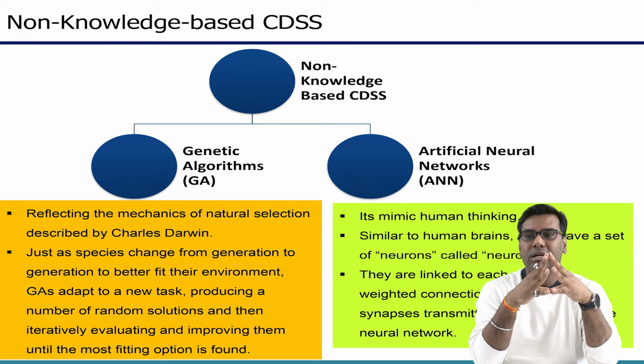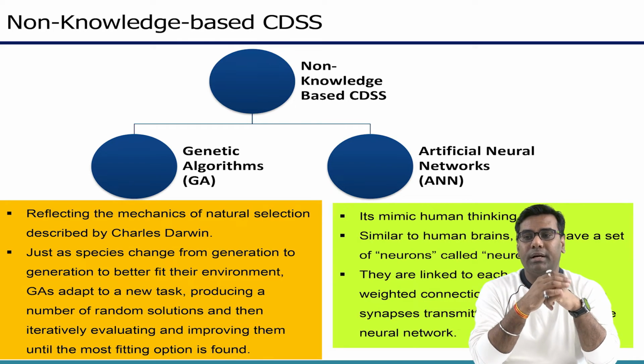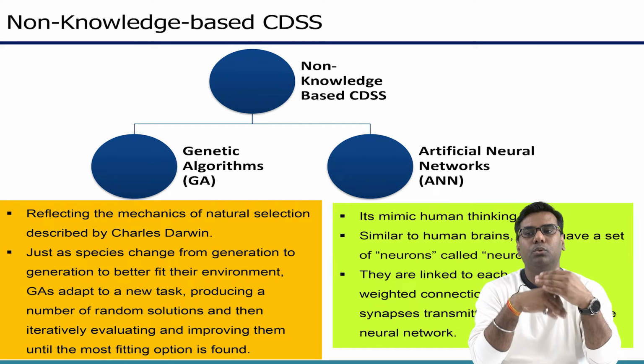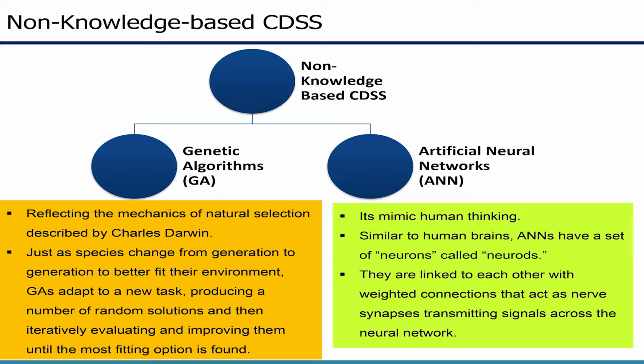So GAs adapt to a new task, producing a number of random solutions and then iteratively evaluating and improving them until the most fitting option is found. It uses an iterative, repetitive process to get that result. Second, artificial intelligence, that is a mimic of human thinking, like how our brains work.